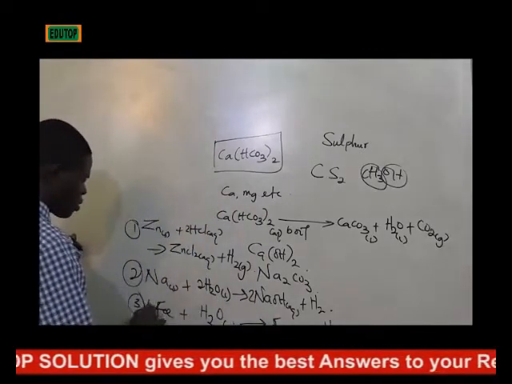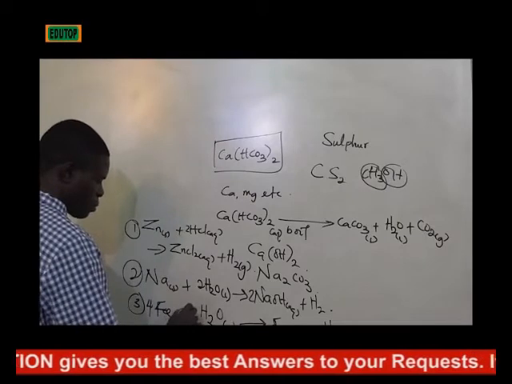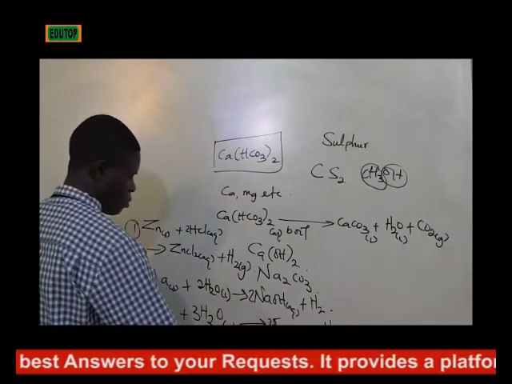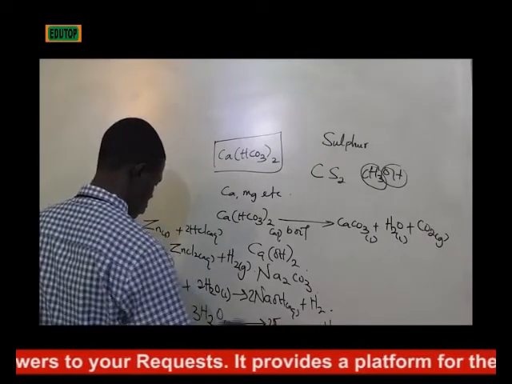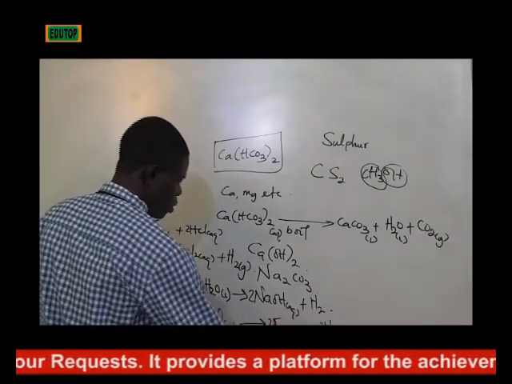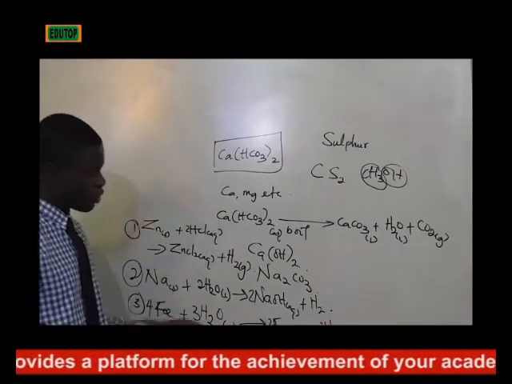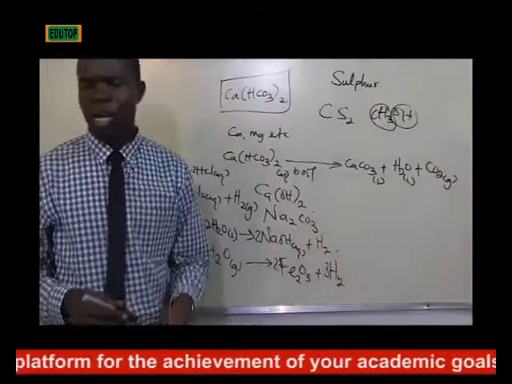So this is what you have. So by action of iron on steam, you have the production of hydrogen.